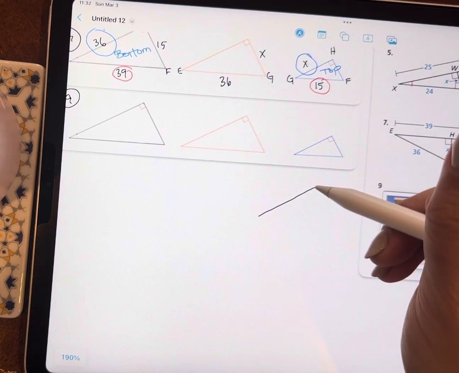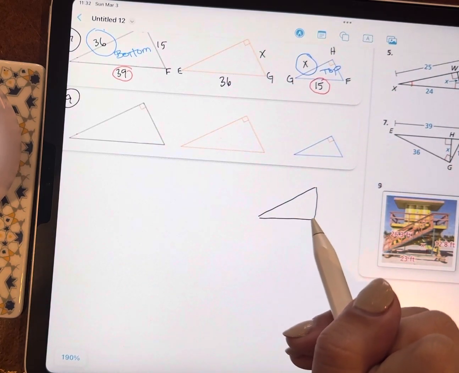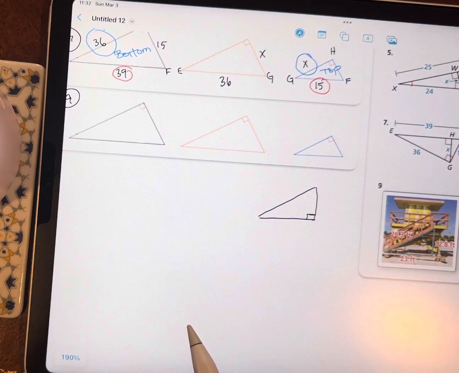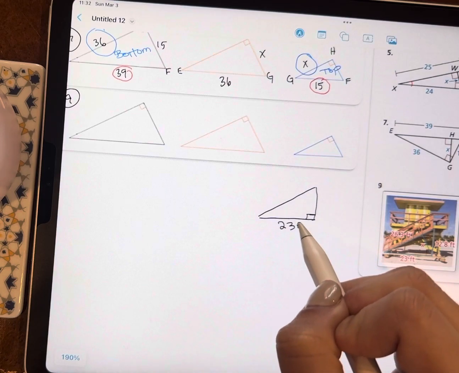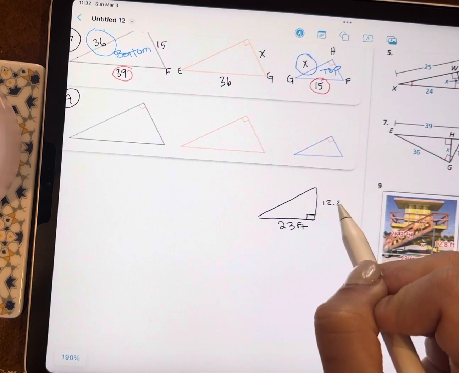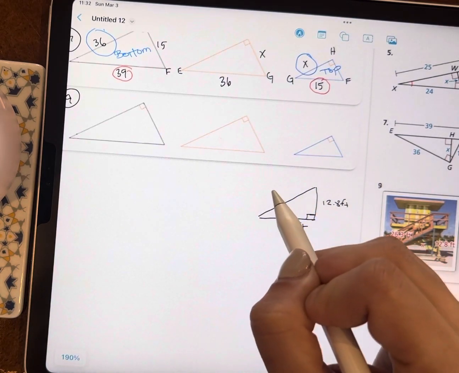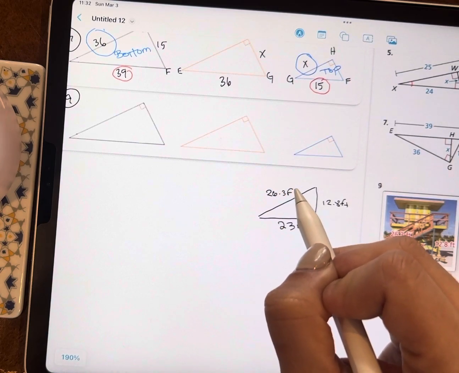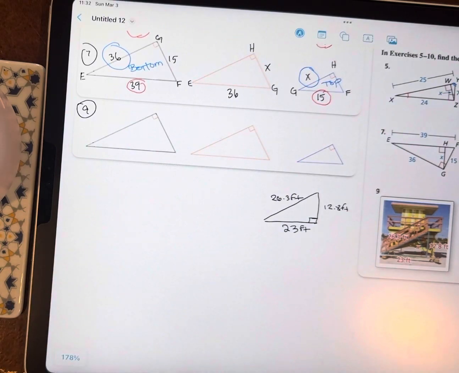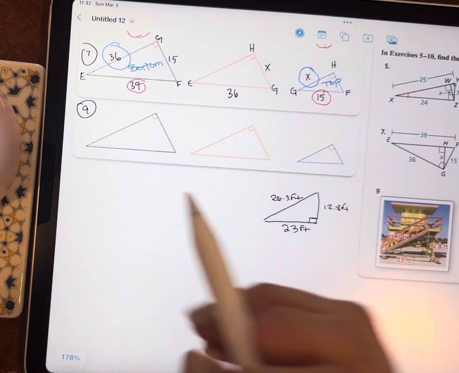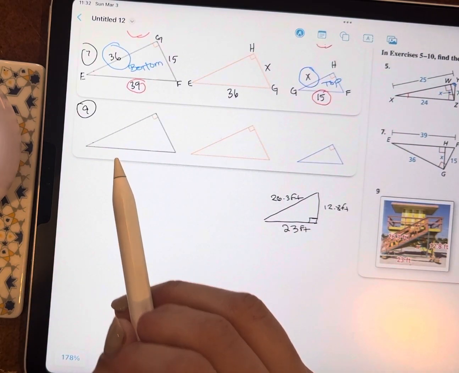So it's got this going on. There's a big right triangle. This is labeled 23 feet. This is 12.8 feet. And this is 26.3 feet. Okay, so now that I've got that, it's so nice for me to just label this right now.